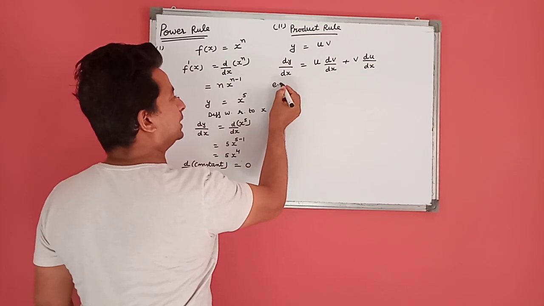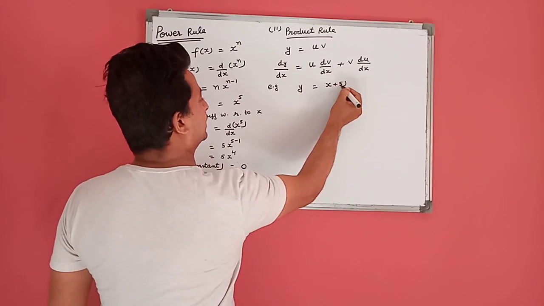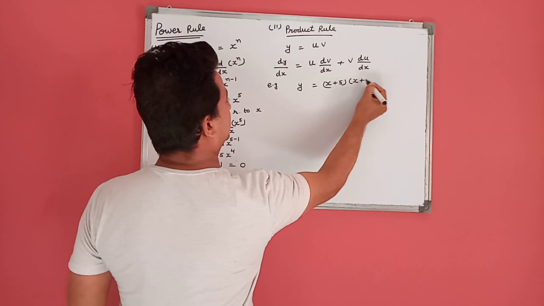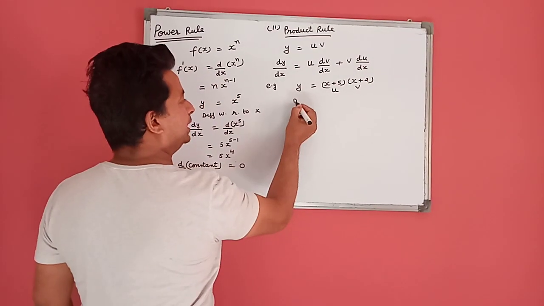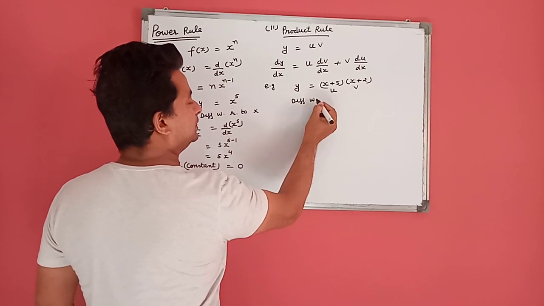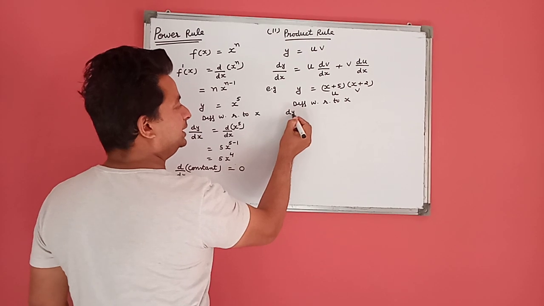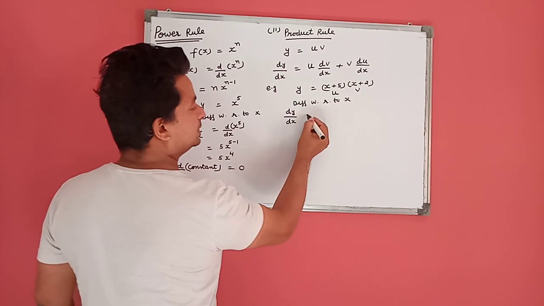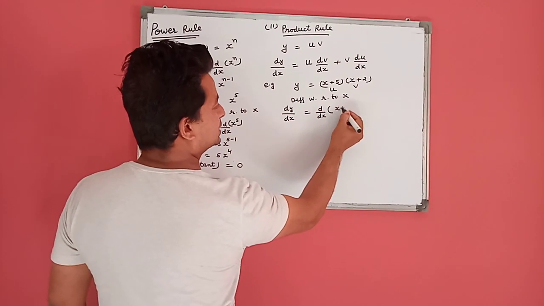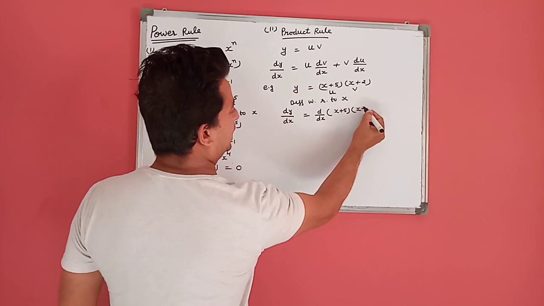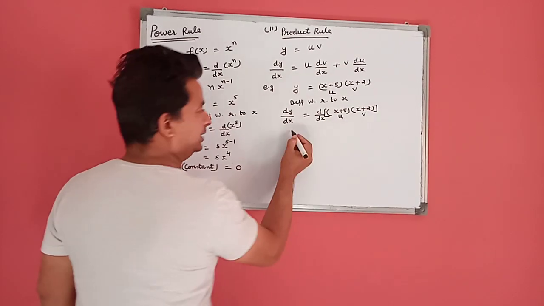For example, if we take y = (x + 5)(x + 2), this is u and this is v. When we differentiate with respect to x, that is dy/dx, on this side d/dx of (x + 5)(x + 2).